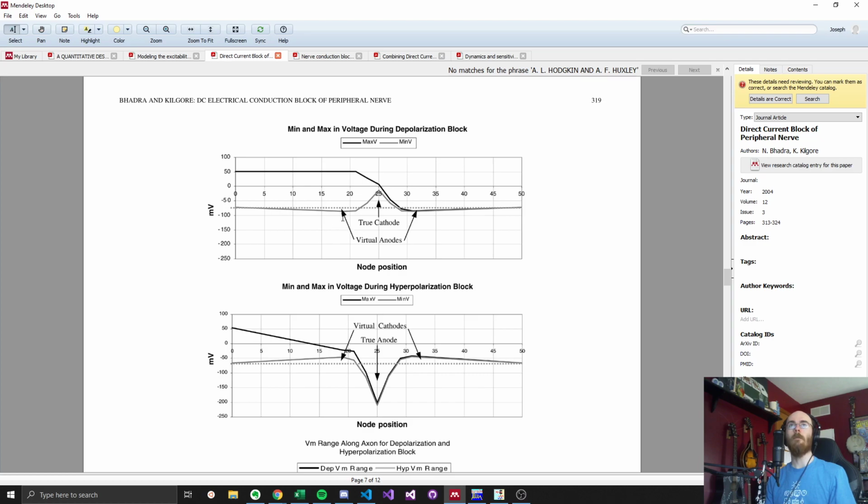Same here, the virtual anodes aren't the true cathode. So really the importance here is the depolarization that's causing the block. It's also important to note that in DC stimulation we have a cathode, and then we get the virtual opposing polarity. So that's DC stimulation across the axon.